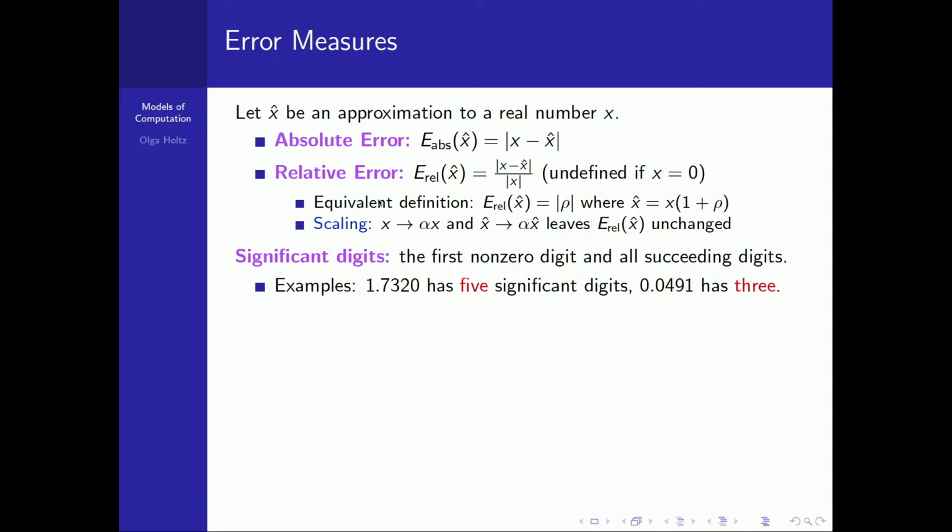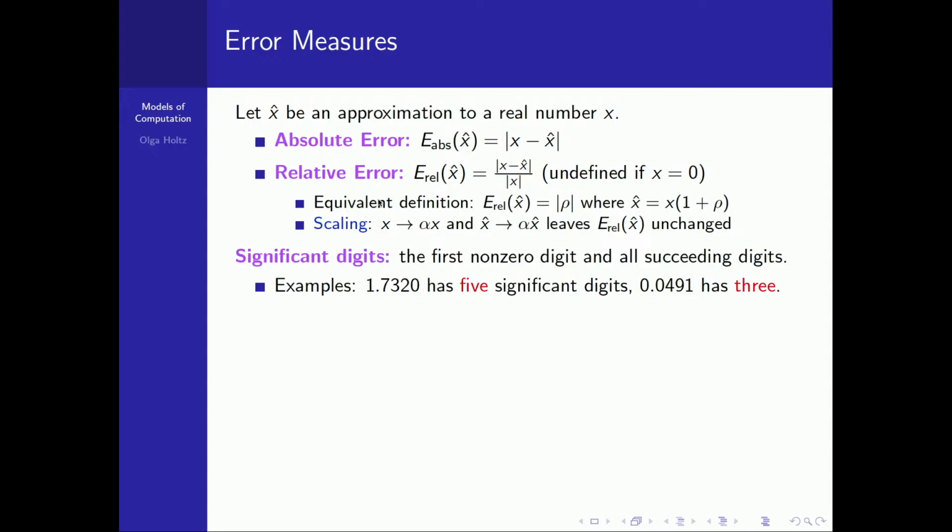So for example, if you have 1.7320 written as it is, so the 0 is there, then you have 5 significant digits, starting with the first non-zero and counting all the way. And if you have 0.0491, then you ignore the leading zeros, obviously, right? They do not count. You start counting at 4, and then you get 3 significant digits.